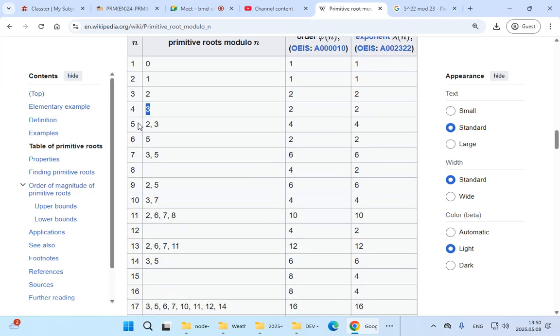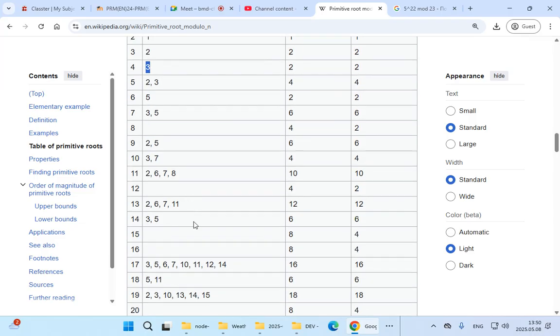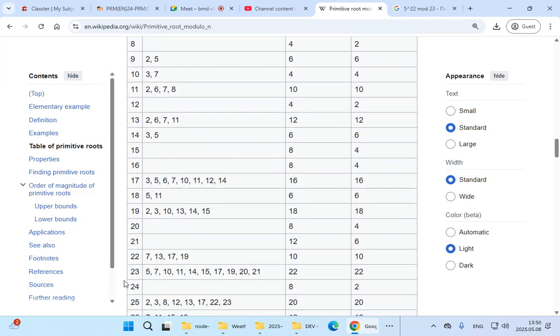Because when you divide by 4, you will receive all the possibilities. And here you can see that modulo 23, there are these numbers which give you the same property. But, for example, divided by 20, it is not possible. Divided by 18 is still possible. If you have 5 divided by 18, you will have all the different possibilities. Do you understand?